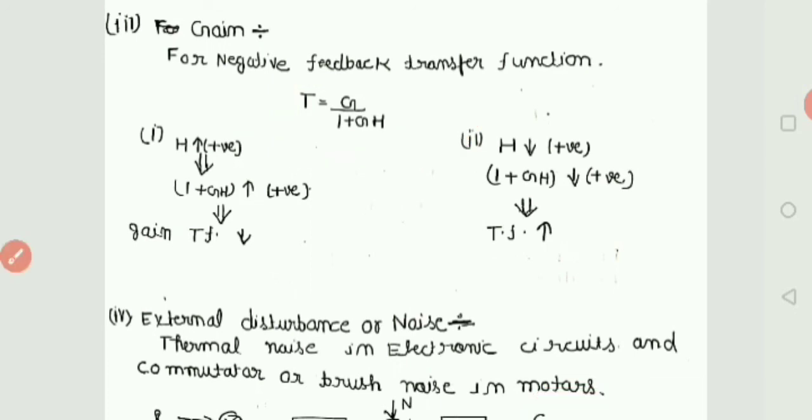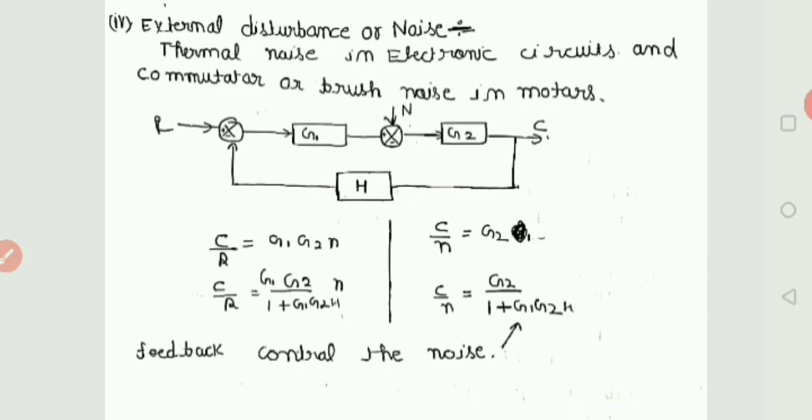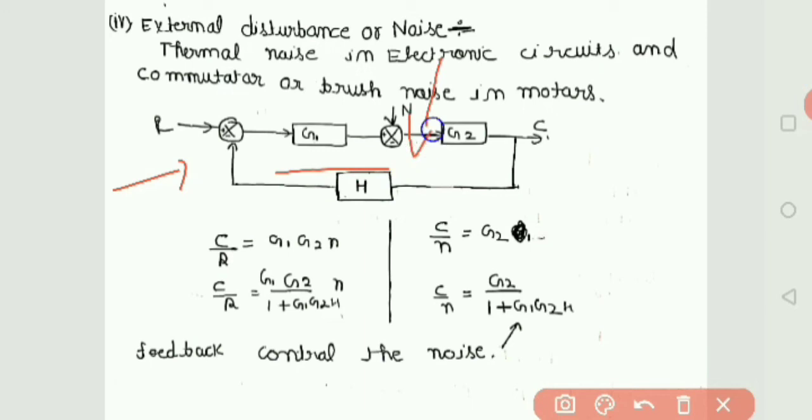Now the last term is external disturbance or noise. We know that there is thermal noise in electronic circuits and commutator or brush noise in motors. Say in the system, R is the input, G1 is the gain, and some noise is introduced here, G2 is the gain of the second path, C is the output and H is the feedback.